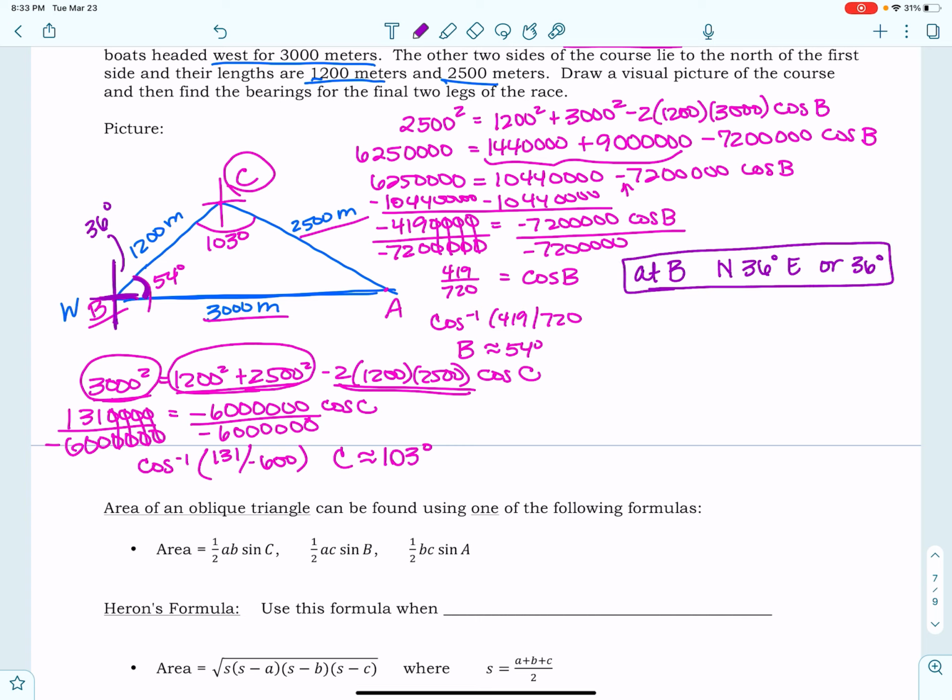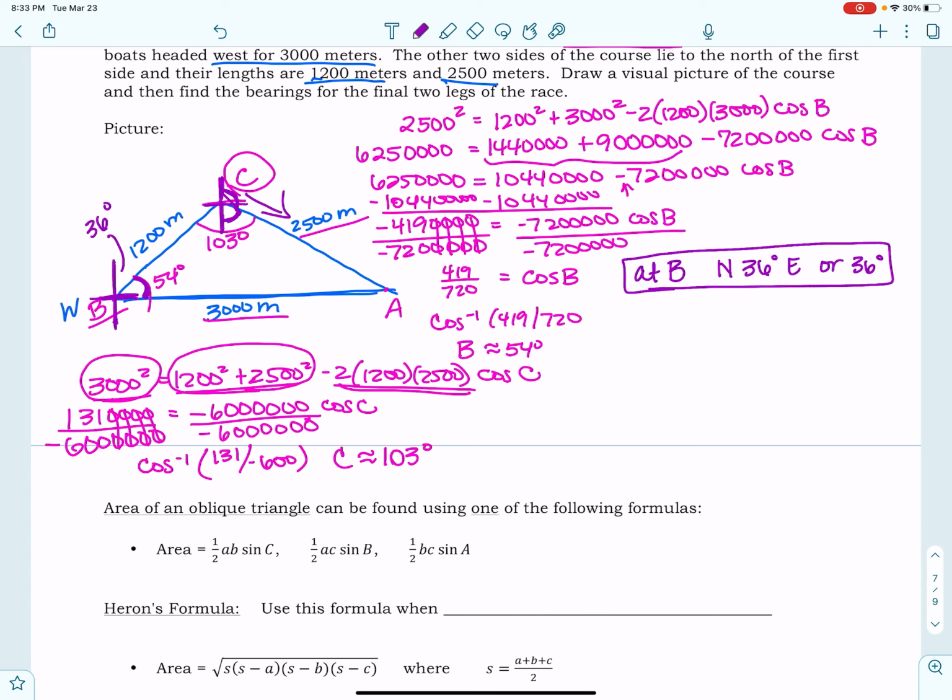Excellent. The next bearing is going to be a little trickier because I need to know from C to A what the bearing is going to be. So I can either have a south this many degrees east, or I can start here and go all the way around to right there.